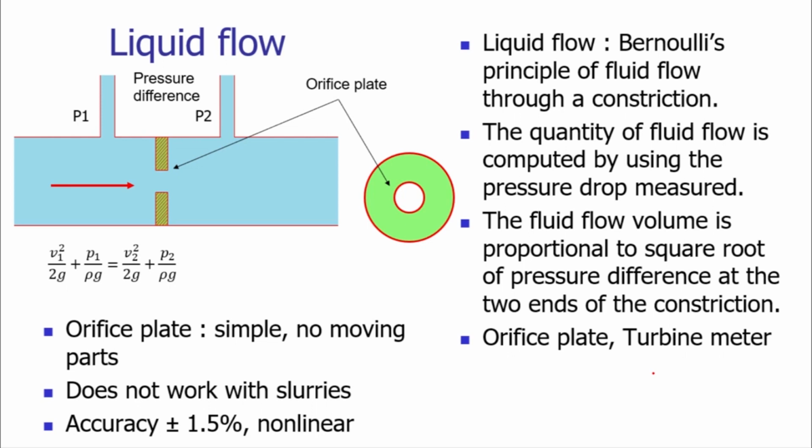The orifice sensor works on Bernoulli's principle. As per Bernoulli's principle of fluid flow, we can measure the quantity of fluid flow by computing the pressure drop across the constriction in the fluid flow.